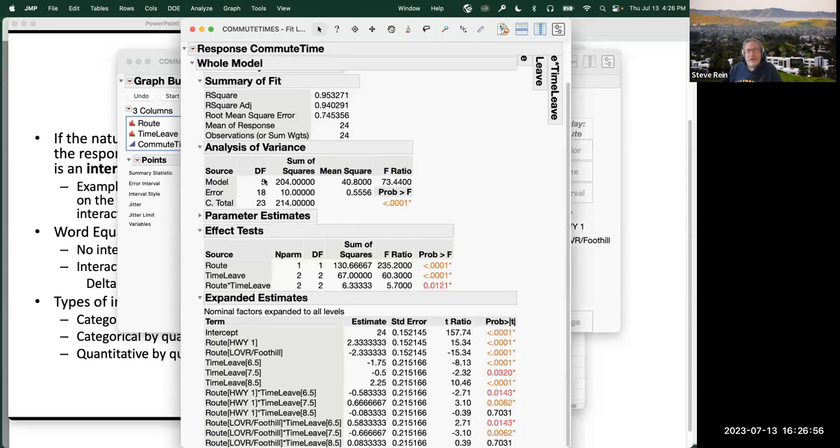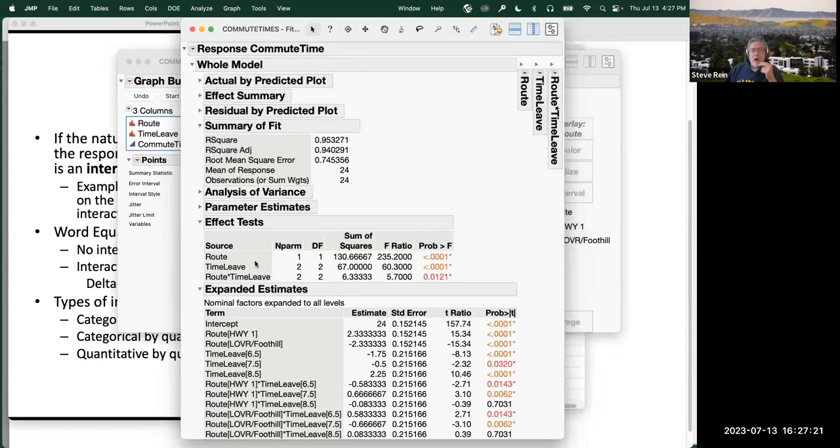The analysis of variance for the model shows 2 routes, so 1 degree of freedom for route, 3 times that I could leave, so 2 degrees of freedom for that. And this interaction seems to have 2 degrees of freedom attached to it. I've got 5 overall degrees of freedom for my model. At least one of the terms in my model is noticeably benefiting me.